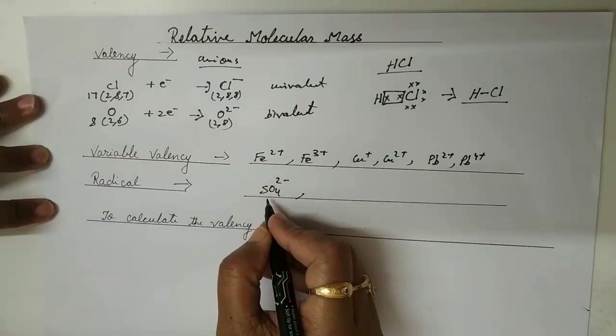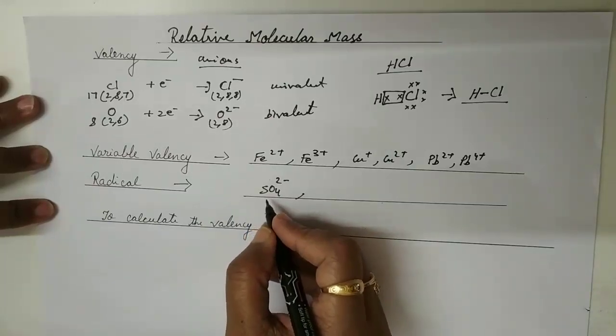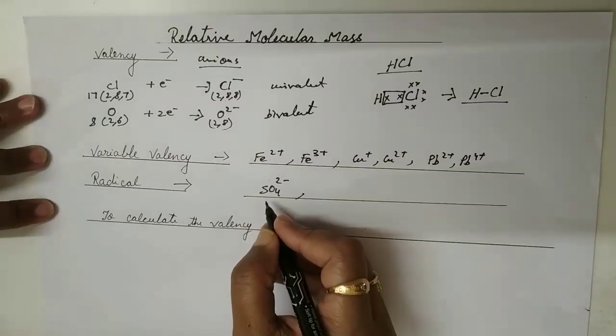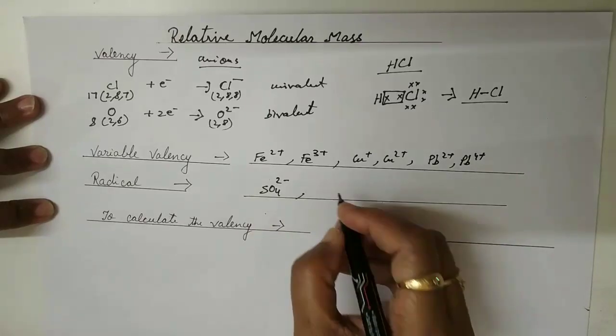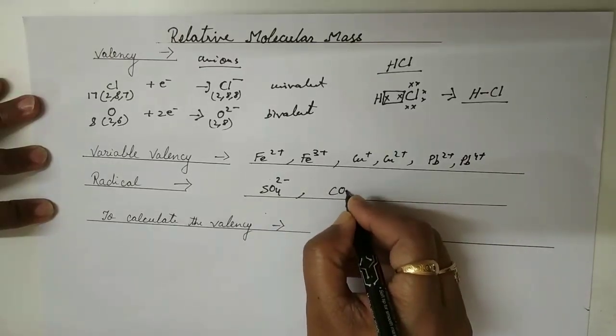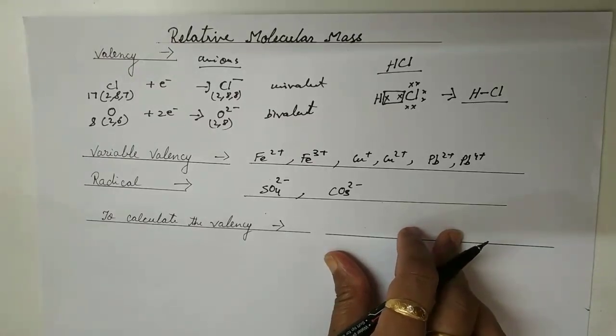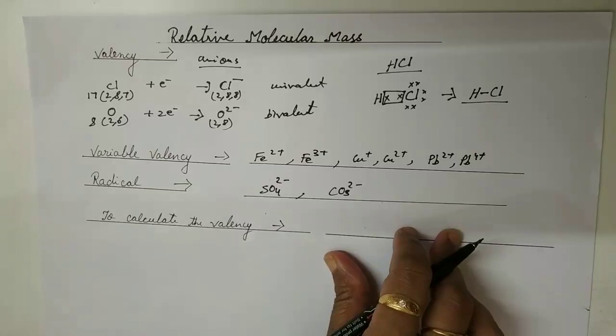So as it defines in the definition, an atom or group of atoms of same or different elements that behave as a single unit with a positive or negative charge. So you have sulfate, you have carbonate. You have learnt many of this type, children. So just revise it once.